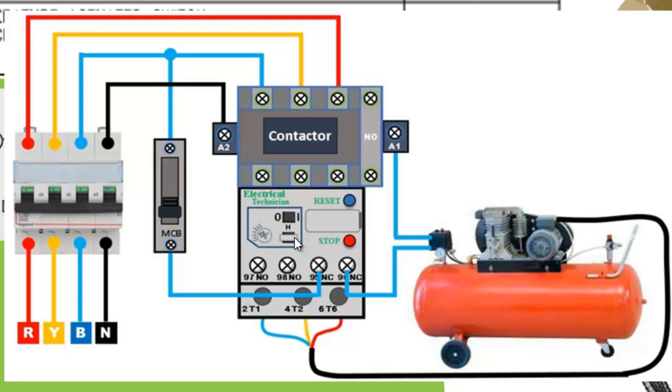Once it opens up, the contactor coil will be de-energized, and that will break the power flowing to the compressor motor. As the compressor is no longer compressing, the heat in the vessel will stop building up.